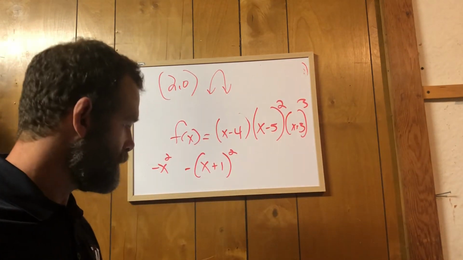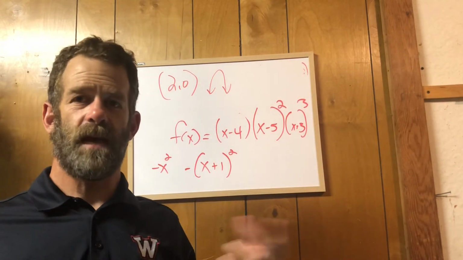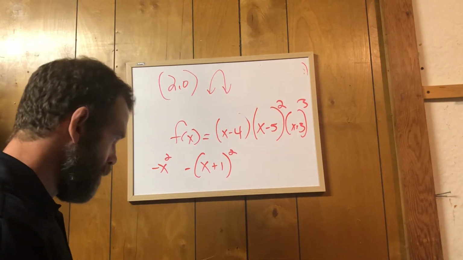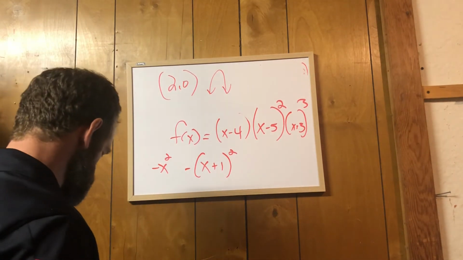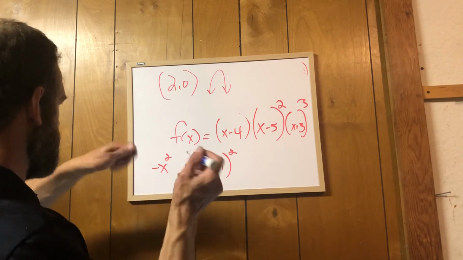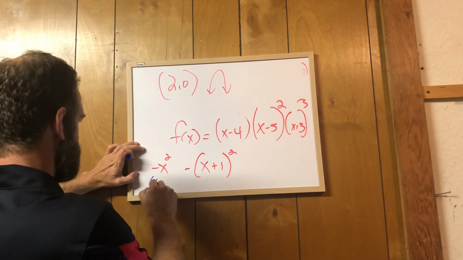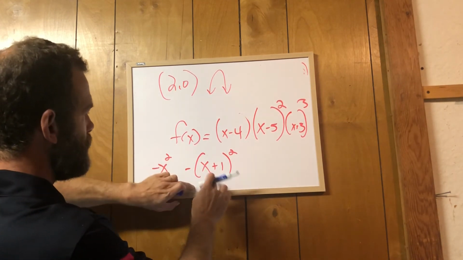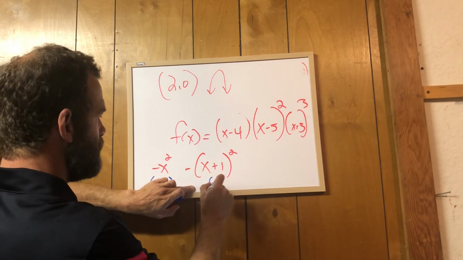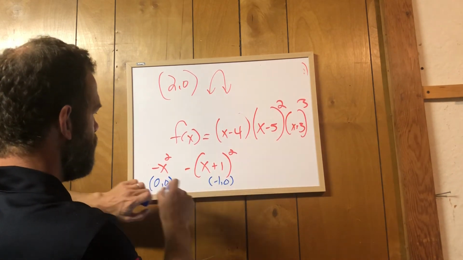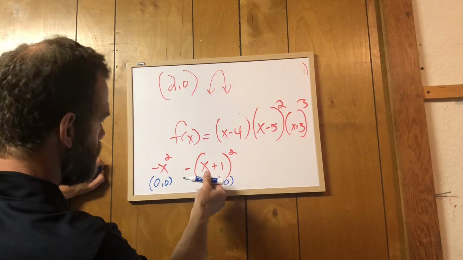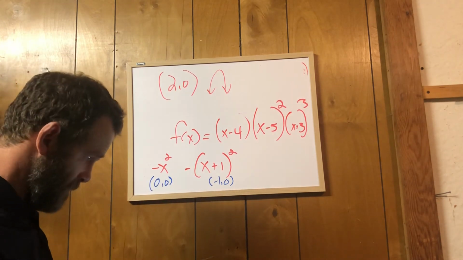So all we have to figure out is how much our vertex shifted. If we have -x squared, the vertex is at 0, 0. Here, remember it's the opposite, -1, 0. So this vertex at 0, 0 shifted 1 unit to the left.